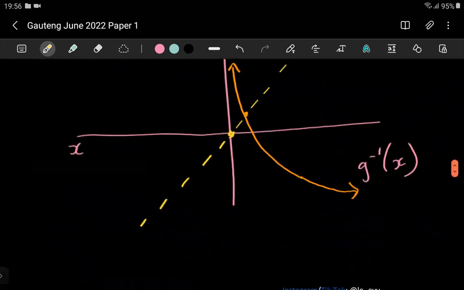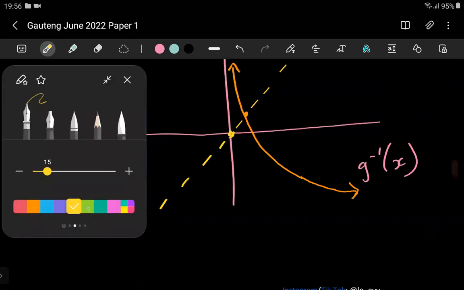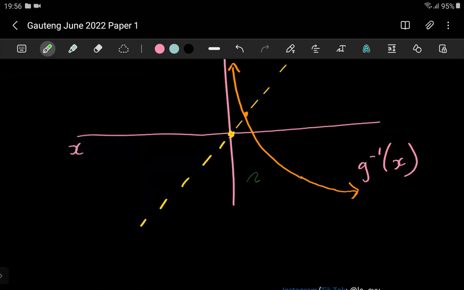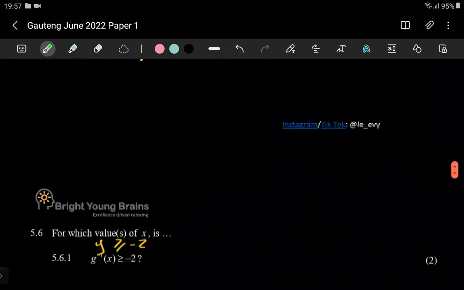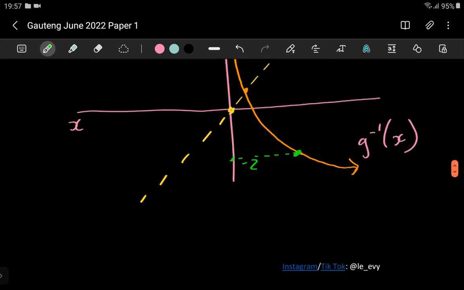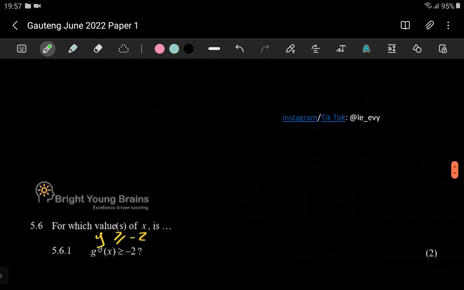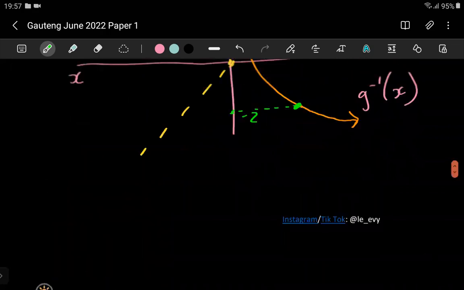So firstly, you can just think to yourself, where would the y value -2 be? So -2 would be somewhere over here, just an estimate. So if your y value of -2 is somewhere here, this is where your y value would be -2, right? So if we look at the question again, this is asking for which values of x is the y value below -2.